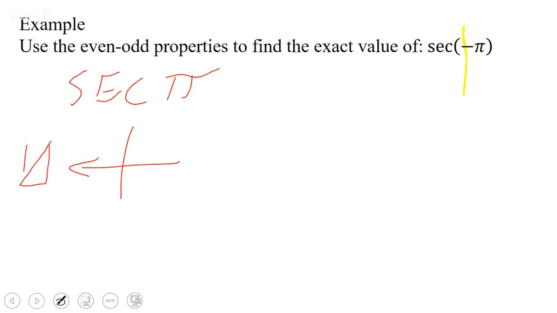The hypotenuse is always 1. My horizontal, I'm going in the negative direction, and my vertical, 0. So there's my pretend triangle. Secant is the reciprocal of cosine, and cosine is adjacent over hypotenuse. So secant is hypotenuse over adjacent. So it's going to be 1 over negative 1, which is just negative 1.